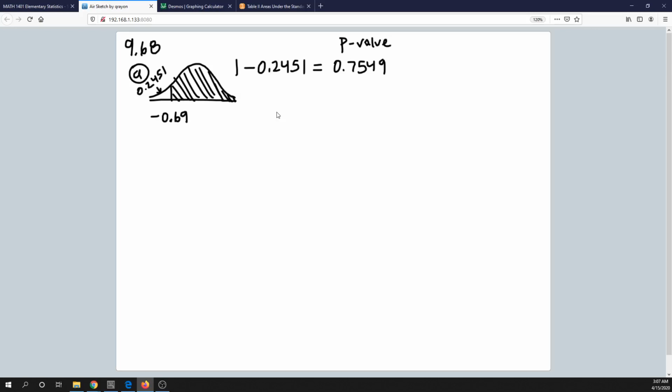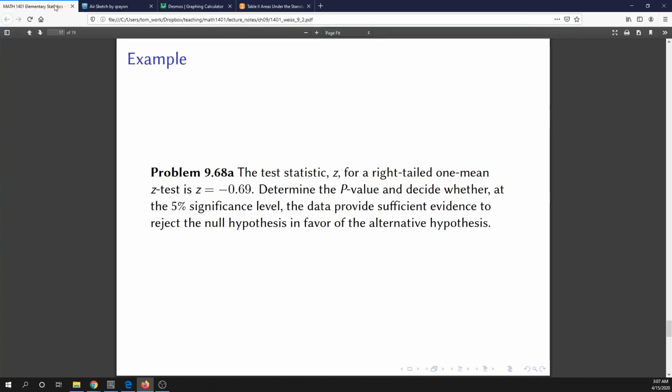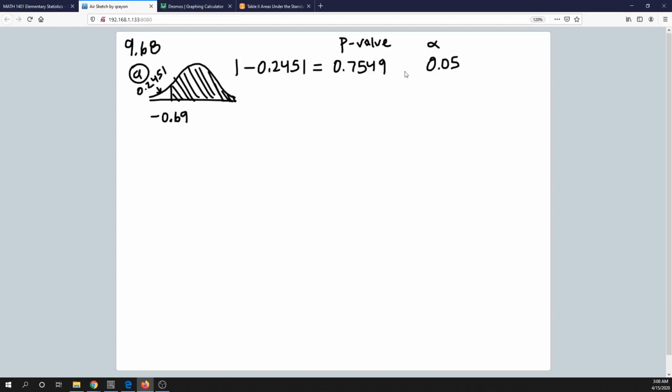We need to compare that to our level of significance, which is 0.05, at the 5% significance level. We need to figure out which one of these is bigger. Obviously, the p-value is bigger, so the conclusion here is that we do not reject the null hypothesis.